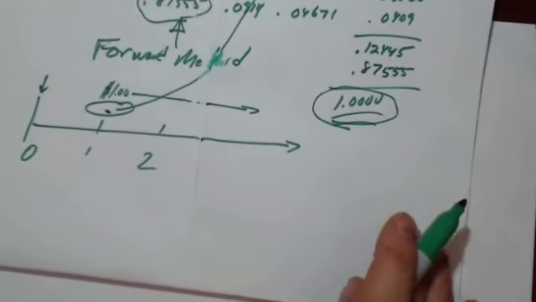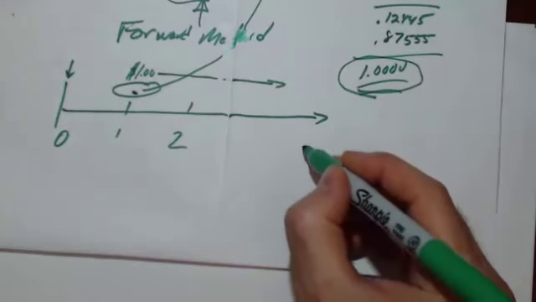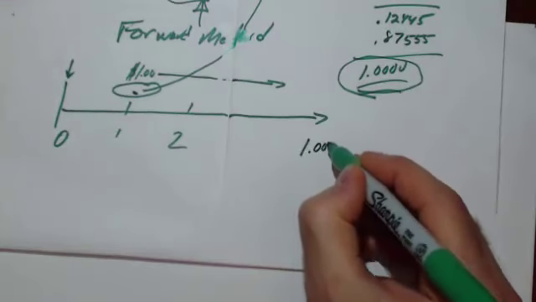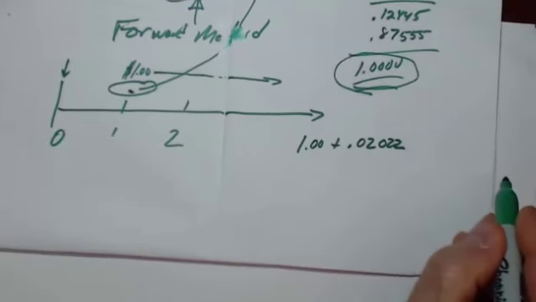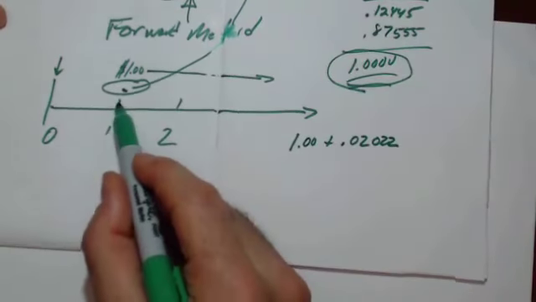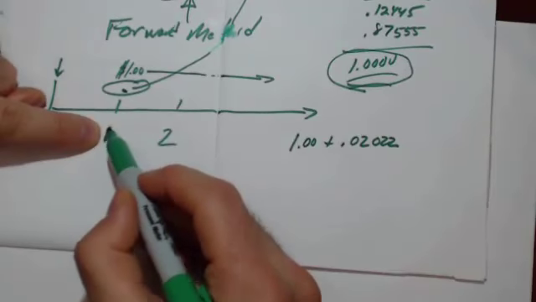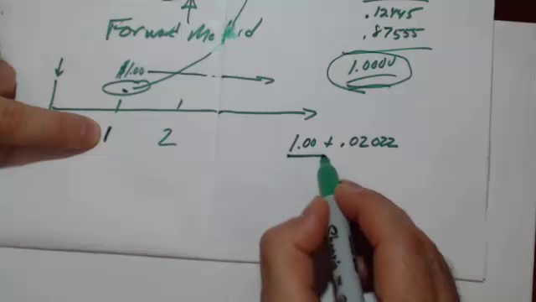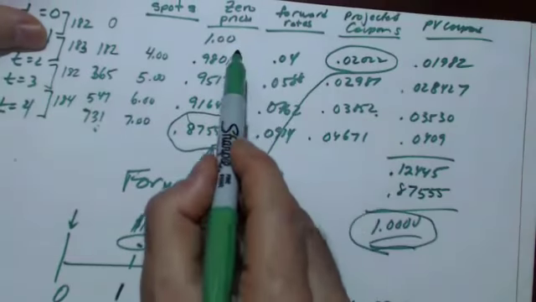So what is the value of the floater from this perspective? Well, we're going to get $1 plus we're going to get 2 cents. Now that's all in period 1 numbers, 6 months from now. We need to discount the whole thing back by the appropriate discount rate right here.